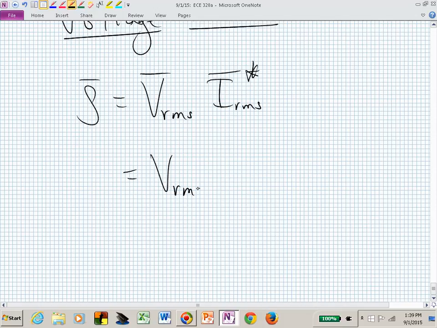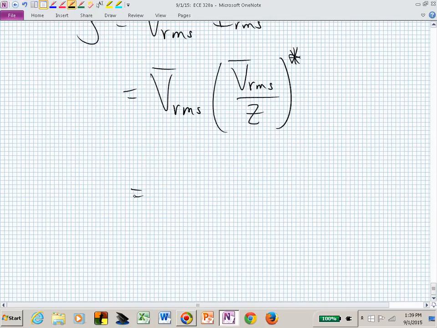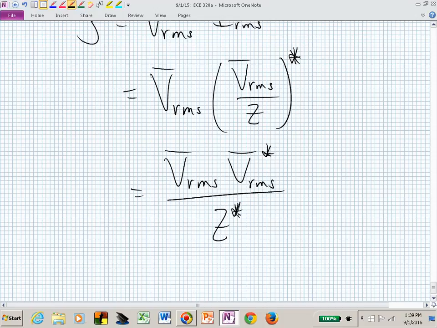So we leave the voltage alone and we rewrite the current as V over Z, but we have to take the complex conjugate of that current. We now have to conjugate both V and Z in this expression, so that we have V RMS star over Z star.